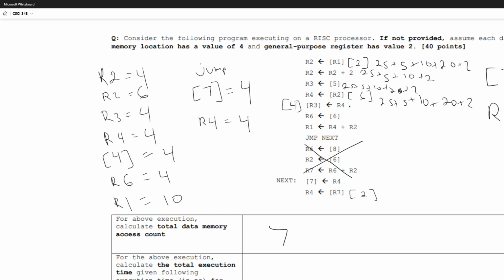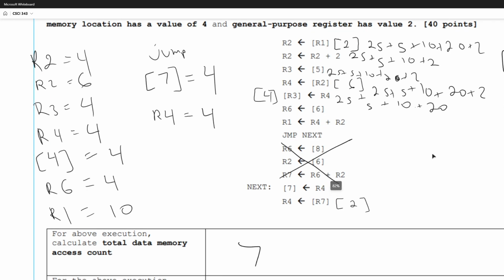This is an S type, so 25 plus decode 5 plus exec 10 plus mem 20. Sorry, my handwriting's bad. Another one of these S types, 25 plus 5 plus 10 plus 20 plus 2. R type, so 25 plus 5 plus 10 plus 2. Jump is only fetch and decode, so 25 plus 5.